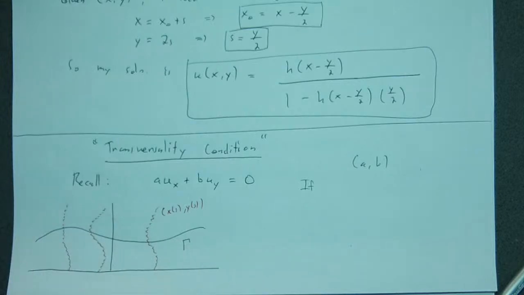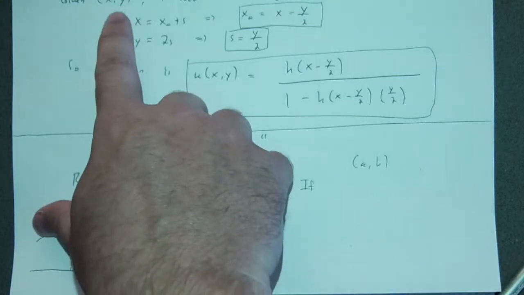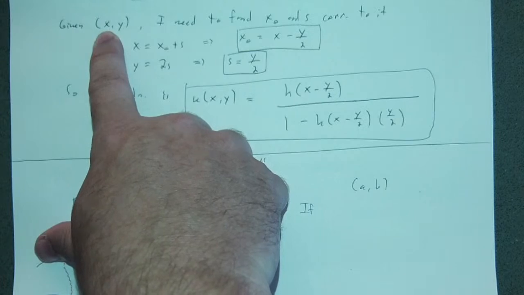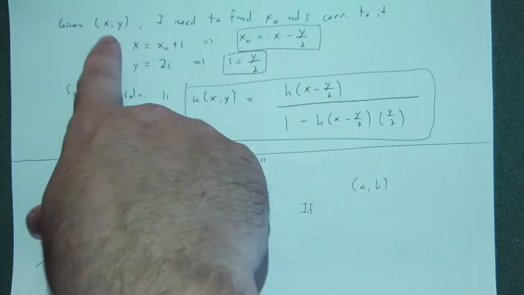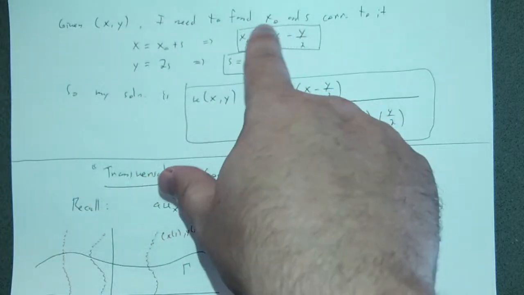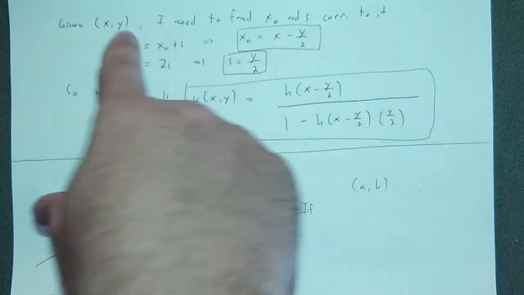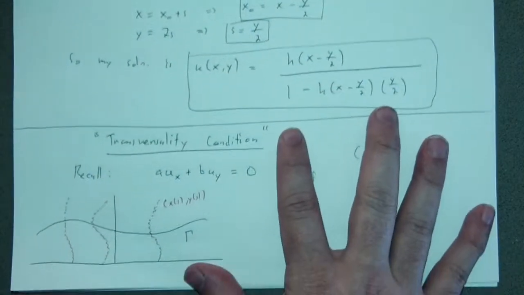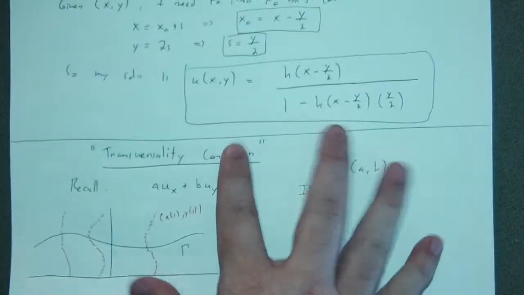Why did I need them to fill out the entire plane? Because the whole method of characteristics is based on me being able to pick a completely generic point and find a characteristic passing through that point. I had to be able to do that so that I can solve for this x naught and s that correspond to the characteristic that passes through this point, at the parameter value that I find.